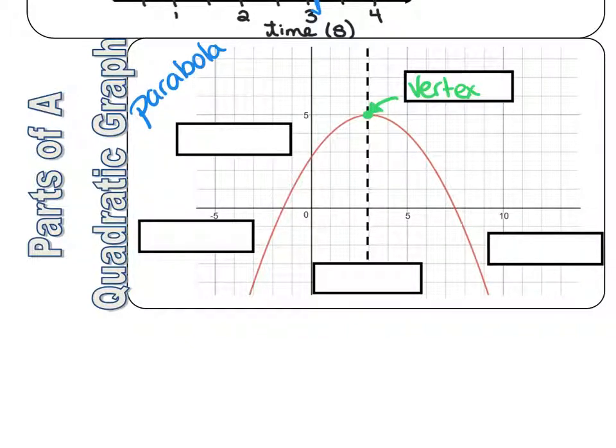Okay, that's known as our vertex. We have a y-intercept, and that is the point where the graph crosses the y-axis, and it is right here. We also have x-intercepts.